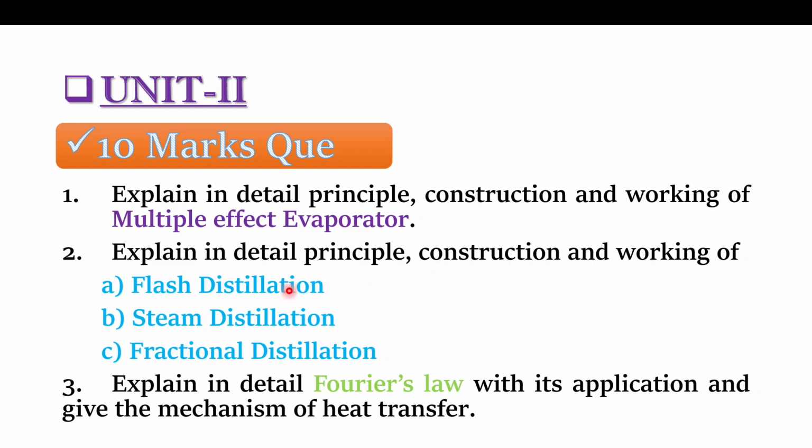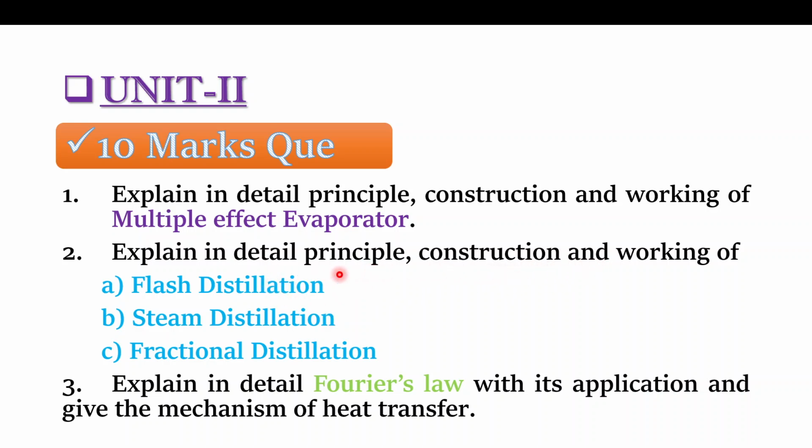Then move forward to the next topic: explain in detail the principle, construction and working of flash distillation, steam distillation and fractional distillation. So from this question, three questions are made. First one is explain in detail principle, construction and working of flash distillation.